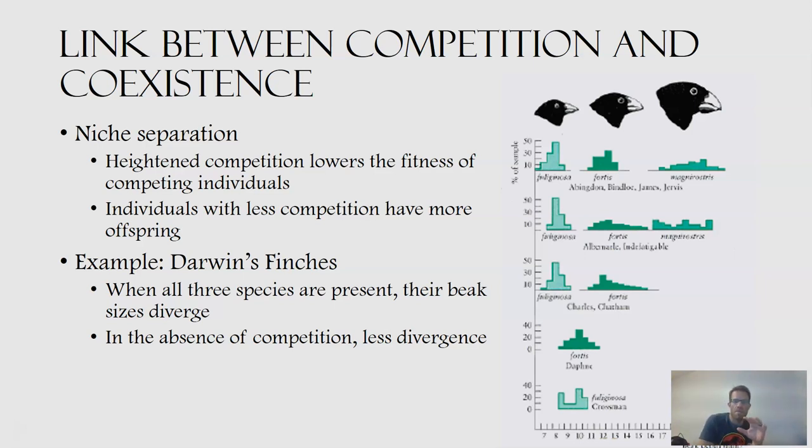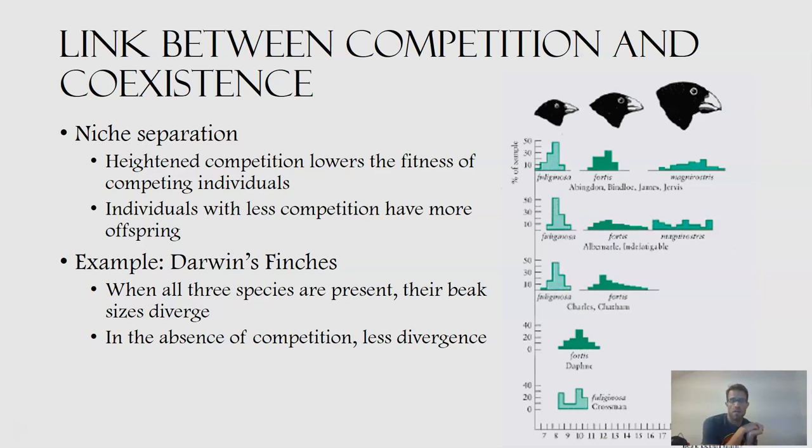But what happens, let's talk about all the way down at the bottom, when that tiny bird exists on an island without the competition from those bigger species? It turns out that the beak size is actually quite larger because it's not competing with the bigger birds. It might be the presence of the bigger birds that shoves that beak size further down when they coexist.